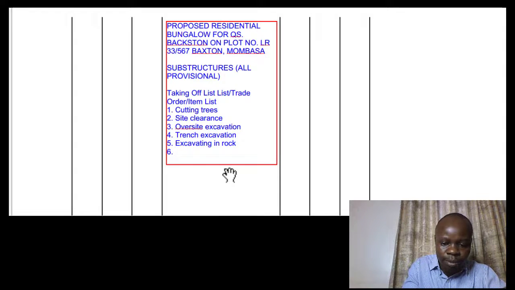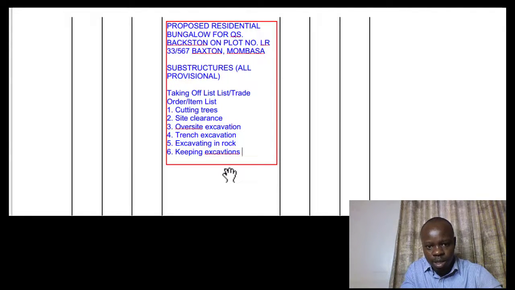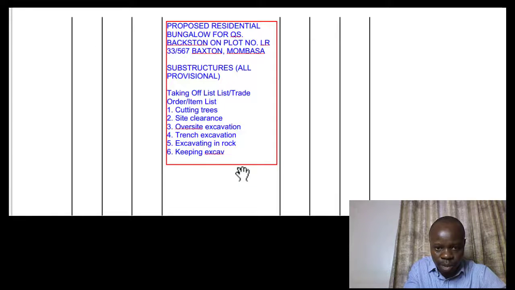So the two items, we can just indicate them as keeping excavations free from water. There is a typo there.